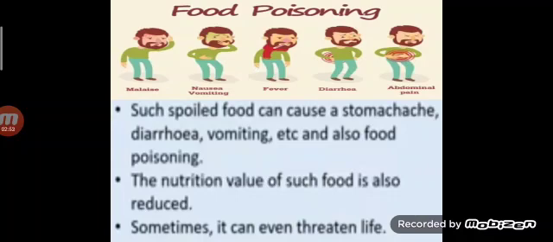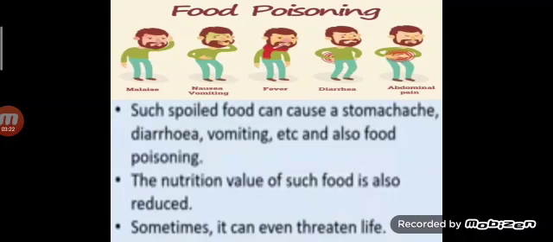So I hope, students, you understand how exactly food spoilage occurs. Now suppose we consume spoiled food, what will happen? As we discussed earlier, fungus or microorganisms are growing on the food. If we consume such food, then what will happen, children?